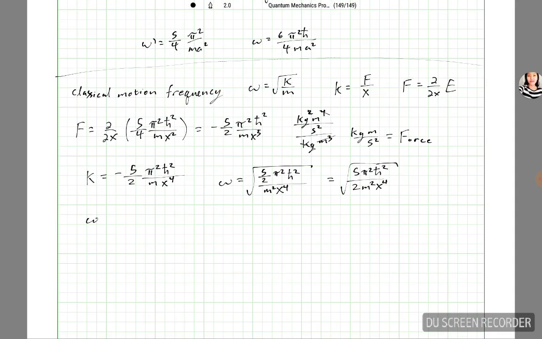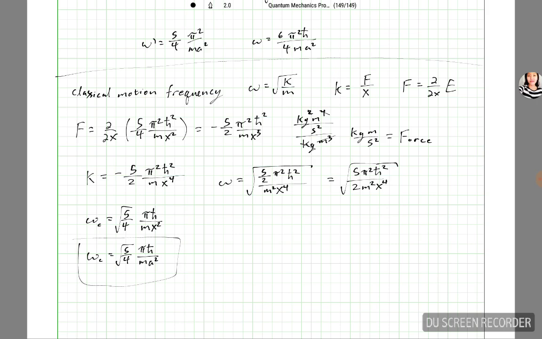And that's what I get for my classical frequency, is the square root of 5/4 pi h bar over m x squared, or in particular with a squared.